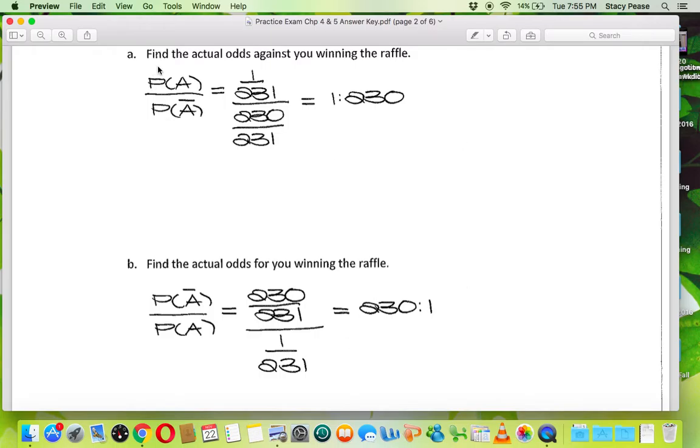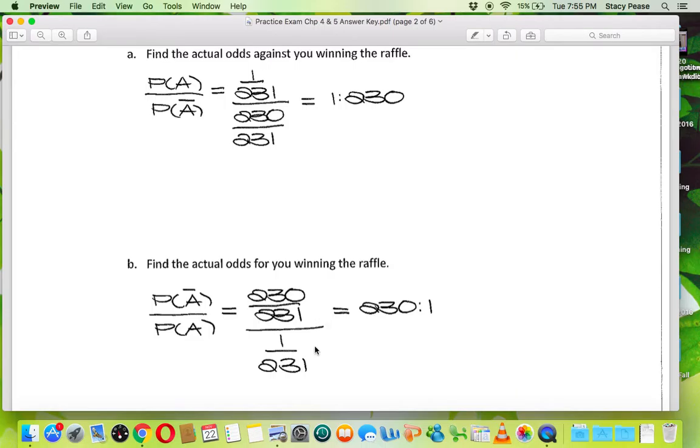So first we're going to find the actual odds against you winning the raffle. Well, against you winning is you're going to have your probability of not A, so everything that is not the outcome of A, over the probability for the outcome of A. So if 1 out of 231 times is our probability of winning, then our probability of losing has to be 230 out of 231 times.